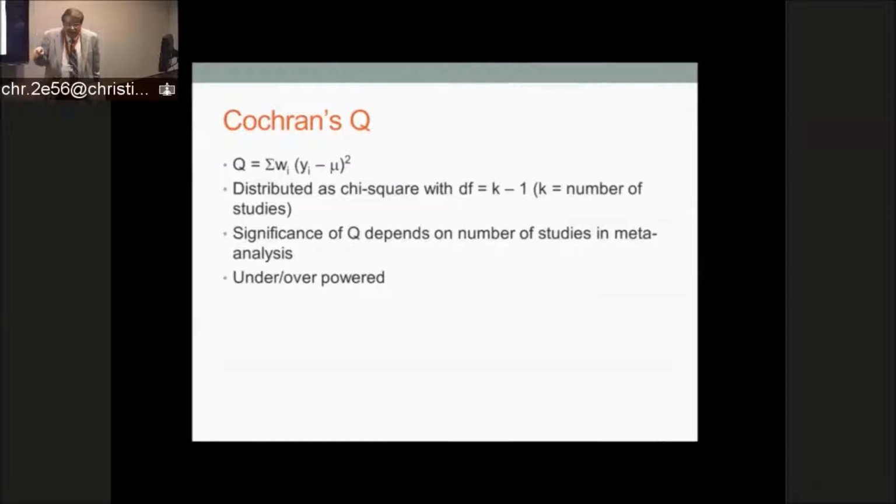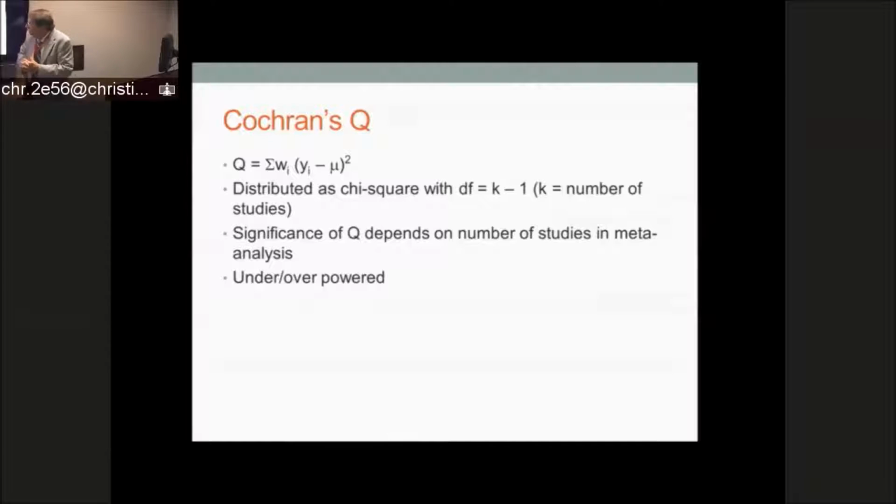So that means obviously that you can get a p-value for the Q statistic. However, and I've said this in other contexts before, when you see the p-value for this, kind of ignore it. It's subject to the number of studies, so it can be underpowered or overpowered.